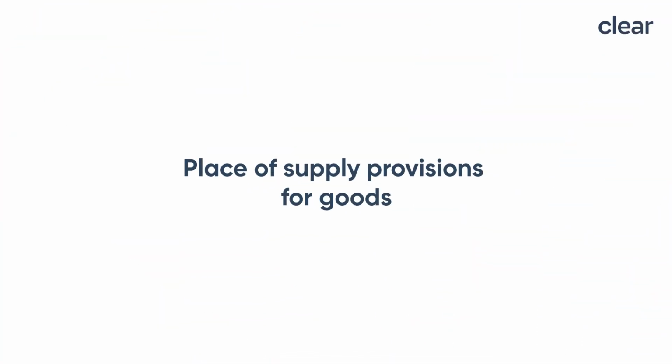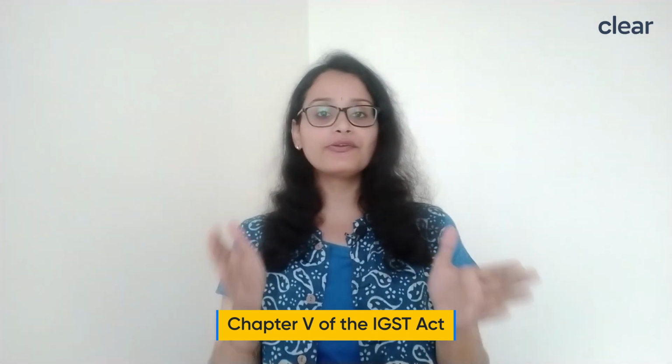Without further ado, let's begin decoding the place of supply provisions under GST. GST law defines place of supply, or widely referred to as POS, as the provisions of the place of supply given in Chapter 5 of the IGST Act, or the Integrated Goods and Services Tax Act.